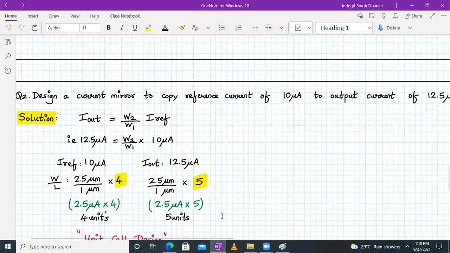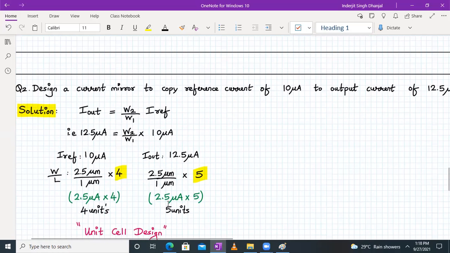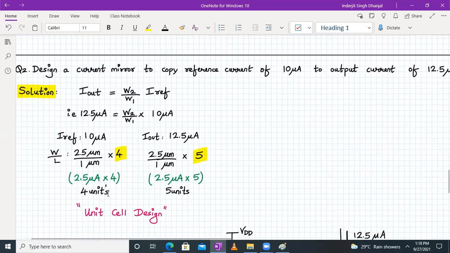We will make 5 copies of it. Each transistor will have W by L as 2.5 micrometer divided by 1 micrometer. So this will generate 2.5 microamperes of current times 5, so that will be 12.5 microamperes. And on the I reference side, this will require 4 units of it. This is what is called a unit cell design.